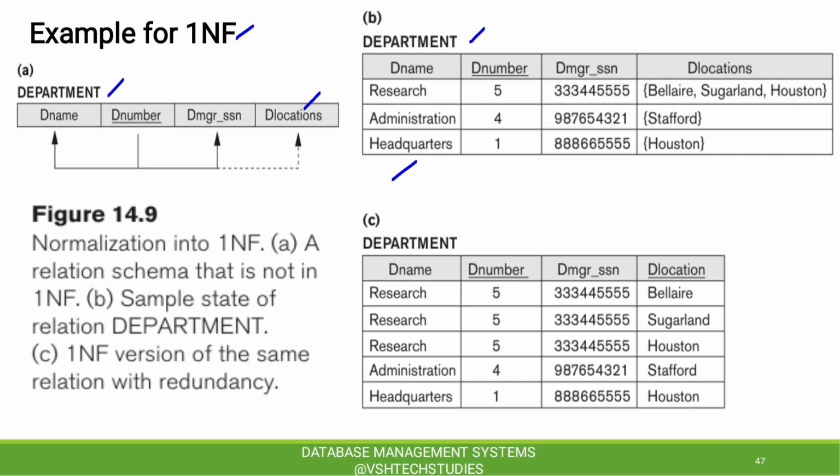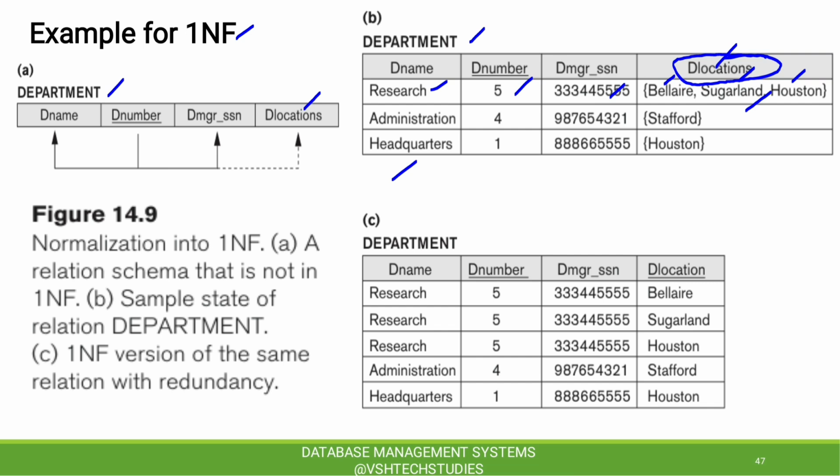D name value is Research, D number value is 5, the manager social security number is 333445555, but this department is present in 3 locations, that is Bellaire, Sugarland and Houston. So the D location attribute has multiple values. This is a multi-valued attribute. A relation in which there is a multi-valued attribute will not be in 1NF.